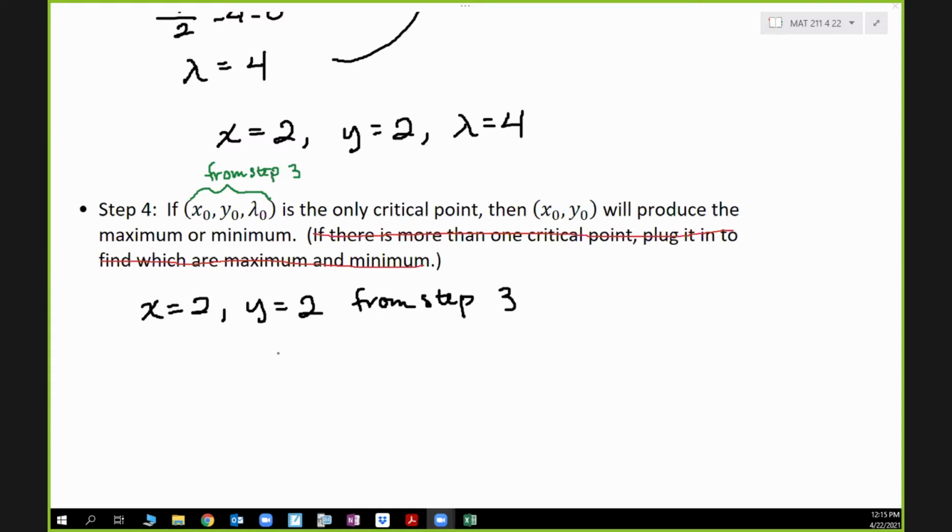And so we don't actually need to do that. We know that this xy that we found in step 3 is a critical point of our 3 variable function. And if we're trying to maximize it, then we can assume that that definitely is where the maximum is going to happen.